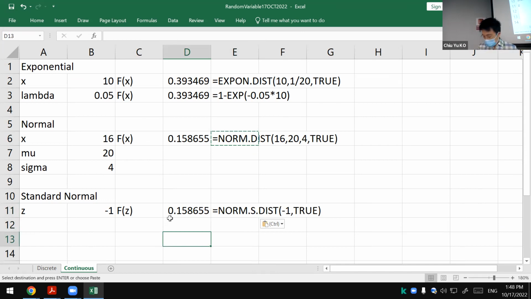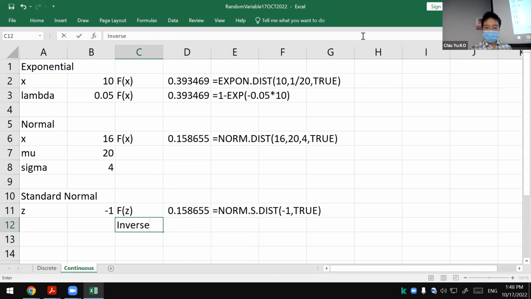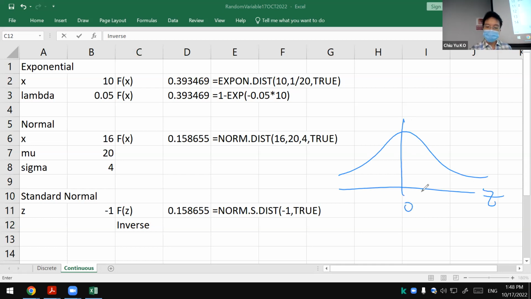One thing I want to say here is the inverse of Z. Remember we said Z here, 0 here.